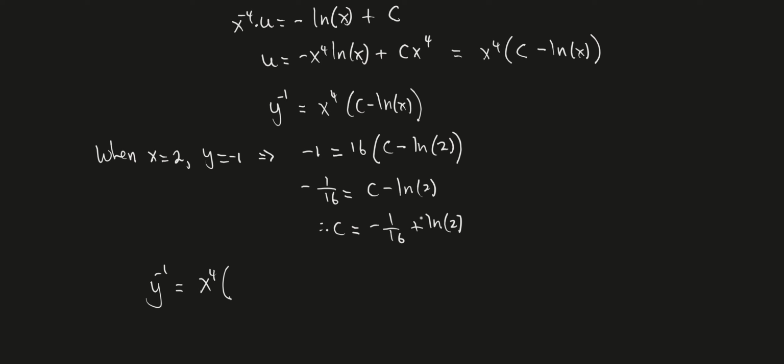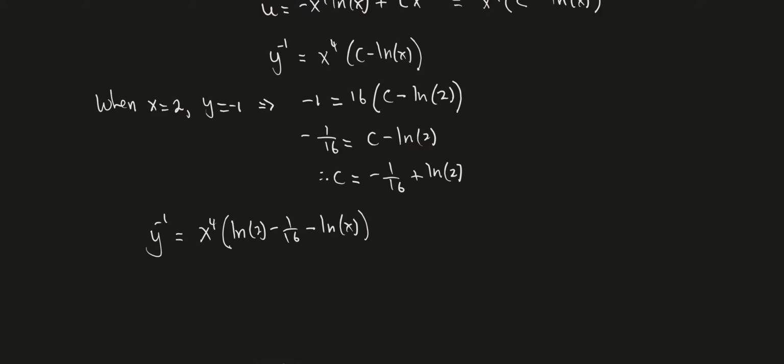Since the natural log now is positive, let me write that as the natural log of 2 minus 1 over 16, and then minus the natural log of x. We're almost there as far as having the particular solution, but we now have to take the reciprocal of both sides. So I have to take the reciprocal of this whole thing. Therefore, y of x, my particular solution, is 1 over all of this.